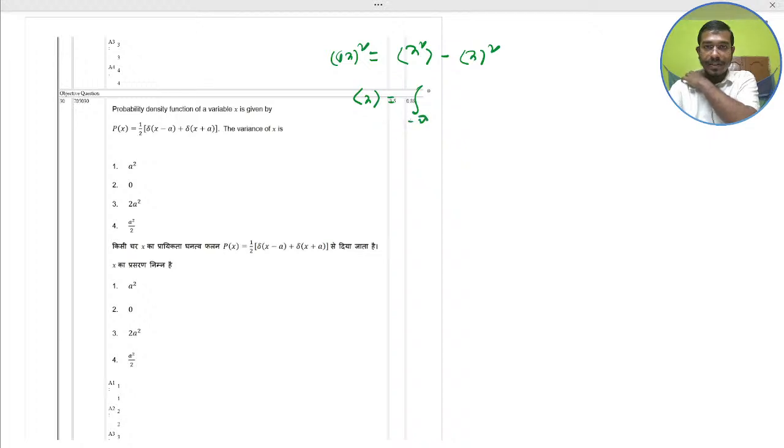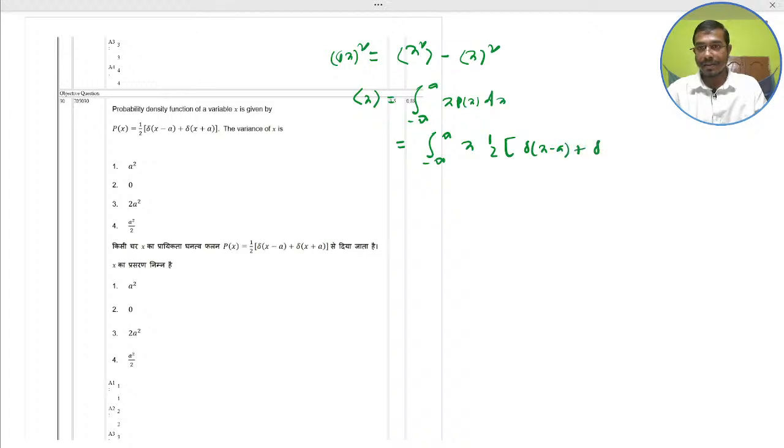So integrate from minus infinity to infinity x p(x) dx. Substitute the value of p(x). So the integration from minus infinity to infinity of x times half delta of x minus a plus delta of x plus a.